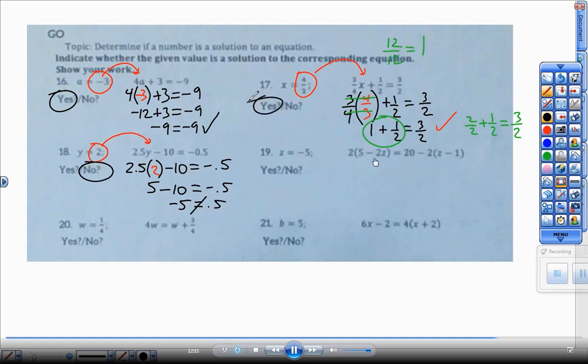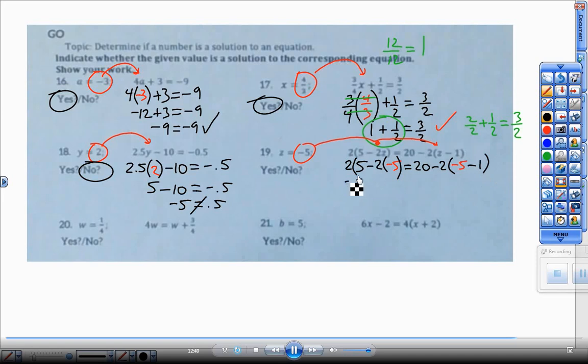For this one, a little bit more difficult. Plug in -5 into both spots for z, right here and over here. That gives me 2 parentheses 5 minus 2 times in parentheses minus 5. I'm going to close that parenthesis up. Equals 20 minus 2, and then plug in -5 right here, minus 1.